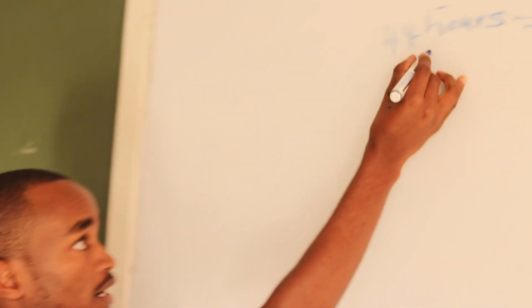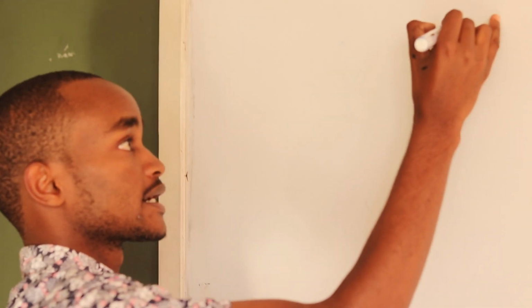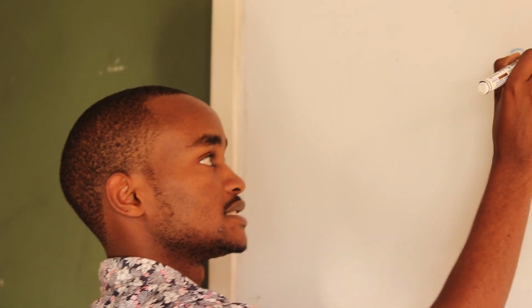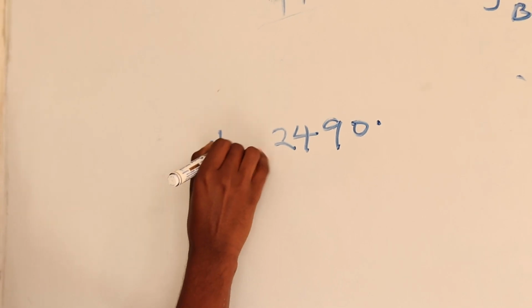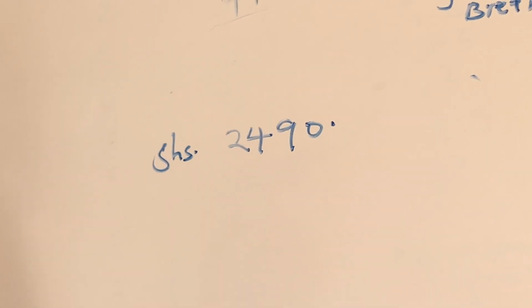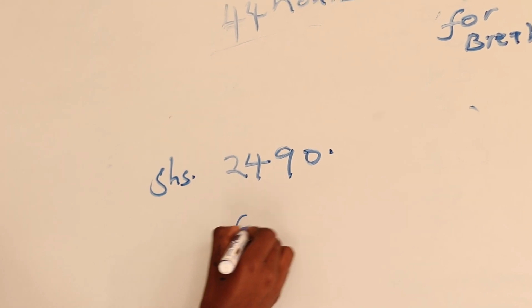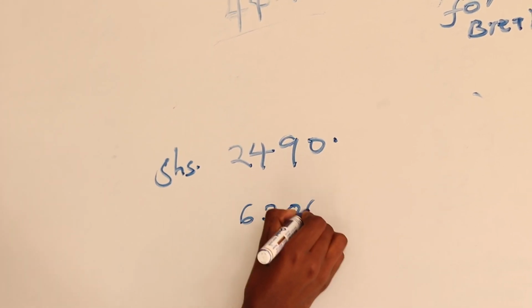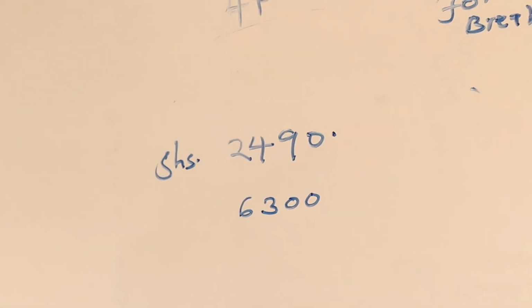So the question had told us that the company pays the engineer 2490 shillings for each hour that he's on duty, and also they purchase power from a competitor at 6,300 when the generators break down.